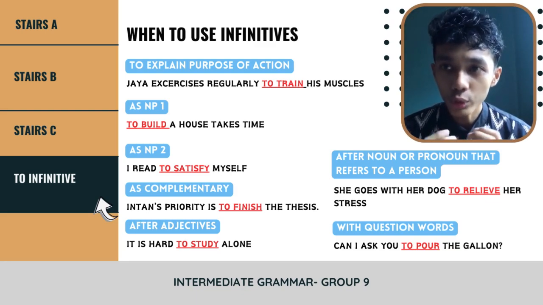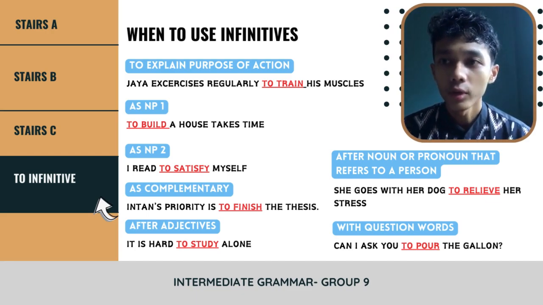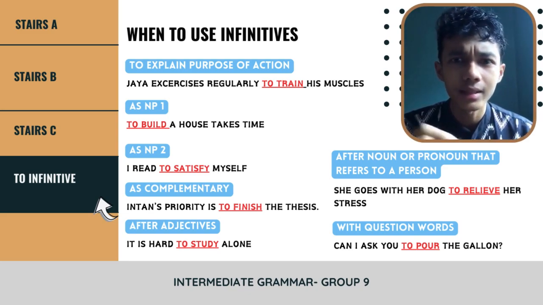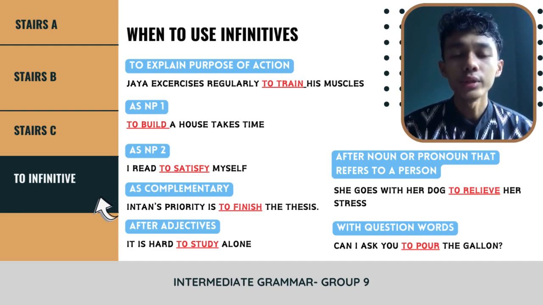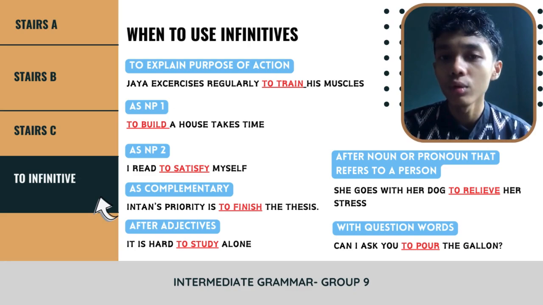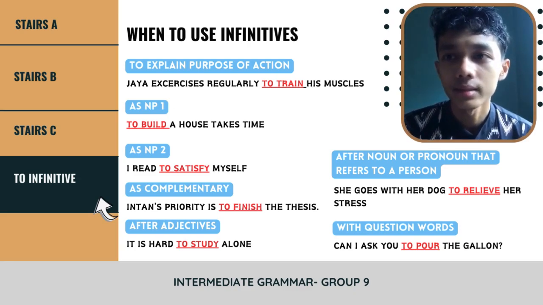So we need to know that infinitives are used to explain the purpose of action. For example, Jaya exercises regularly to train. You could see that the to infinitive has the signal word, I think, which is the to and the base form of a verb. You only need to look at that and use that when you create a sentence.